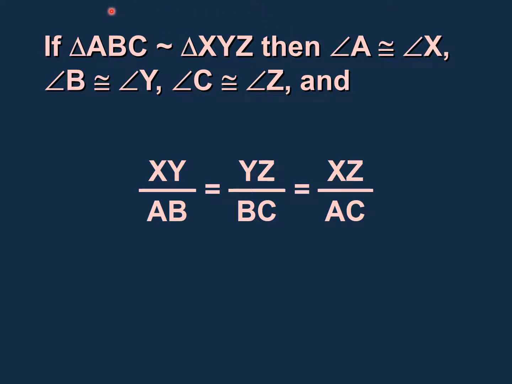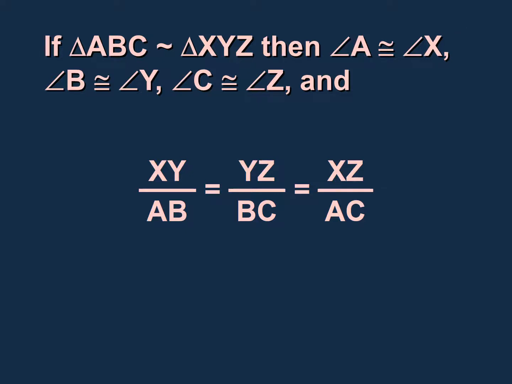if we have a triangle ABC that is similar to triangle XYZ, then that means that angle A is congruent to angle X, angle B is congruent to angle Y, angle C is congruent to angle Z, and these proportions hold true. So again, the angles are going to be the same, so the angles have to be congruent.